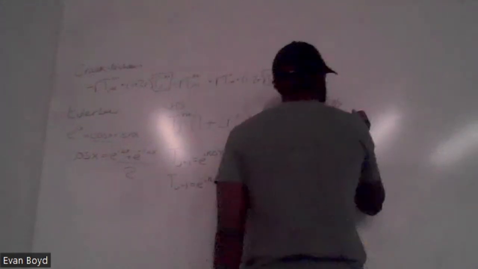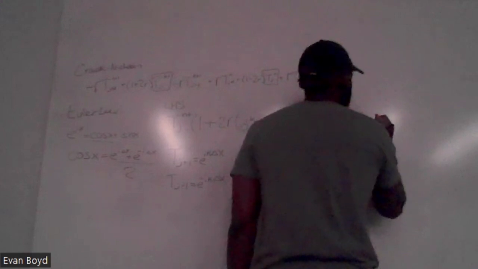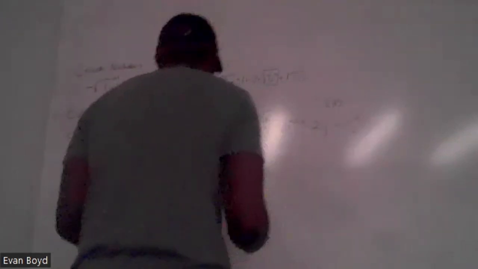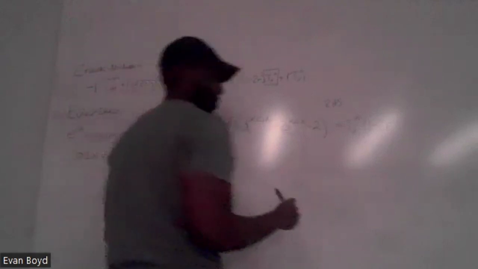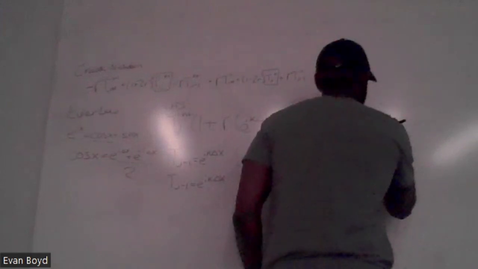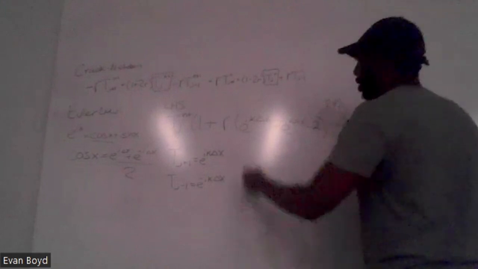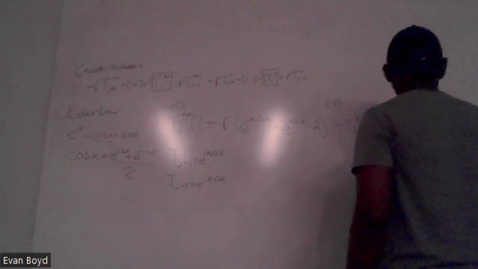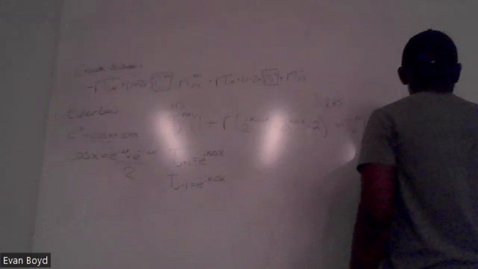Starting with T j of n, this would be times 1 minus R. Sorry for the mistake, there's no 2 here, this side is R. So 1 minus R, and inside the brackets, same thing as this side, e to the i k delta x plus e to the negative i k delta x minus 2.